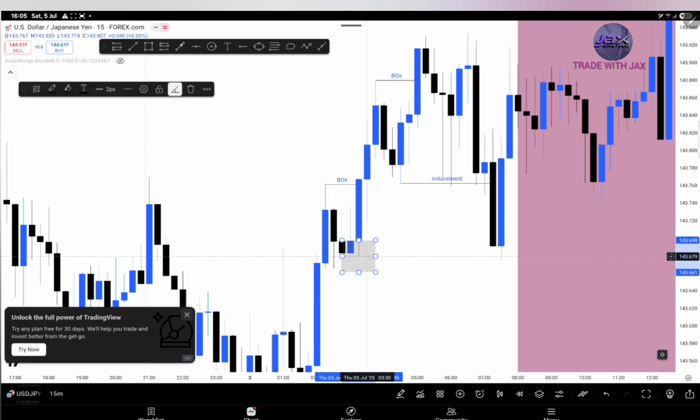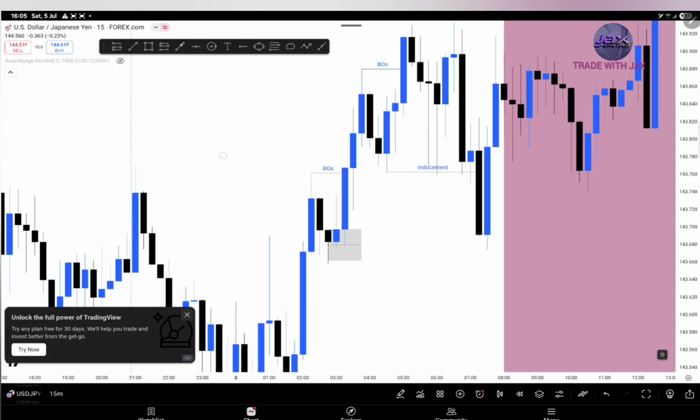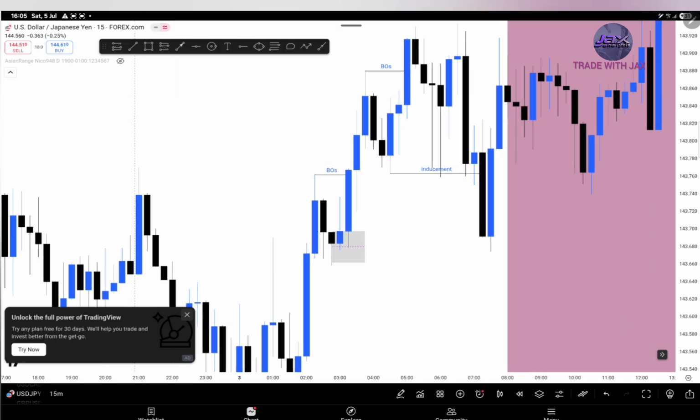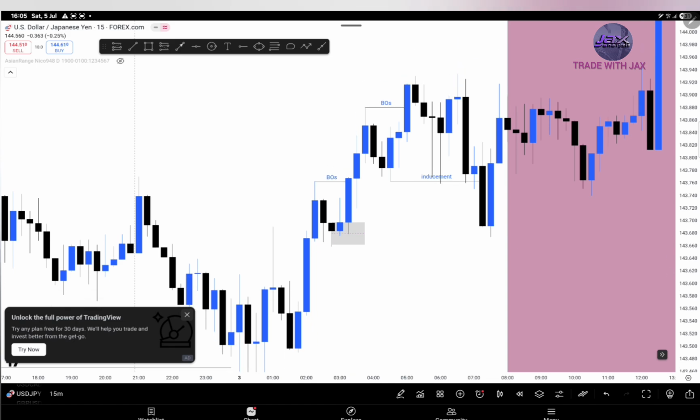A market structure shift is when price breaks structure in the opposite direction of the trend. It has to break a key structure too. It's not only break of structure. Some breaks of structure, as I've explained, are inducement. So it has to break a key structure in the opposite direction for it to be recognized as a market structure shift.